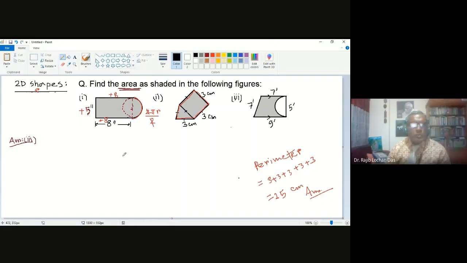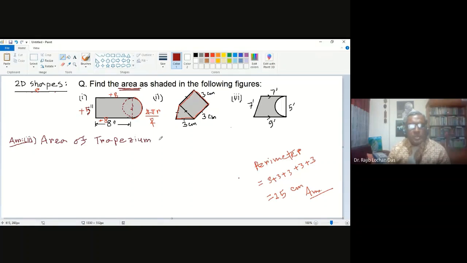So what will be the area for the trapezium part? You write area of trapezium shape. You can write trapezoidal also, or trapezium.